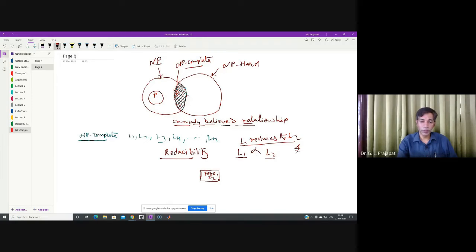So you need some algorithm which can do a polynomial transformation. This means algorithm L1 takes some input in a different manner, for example a list, and algorithm 2 takes the input in the form of a graph.